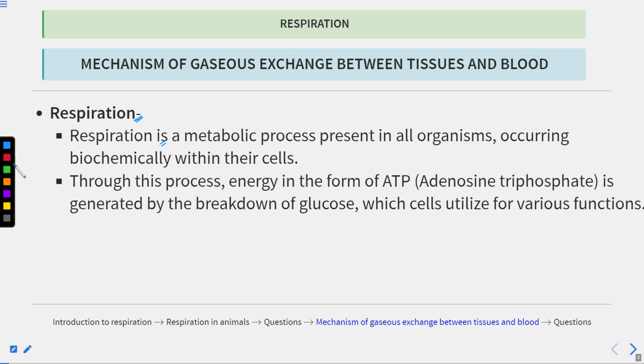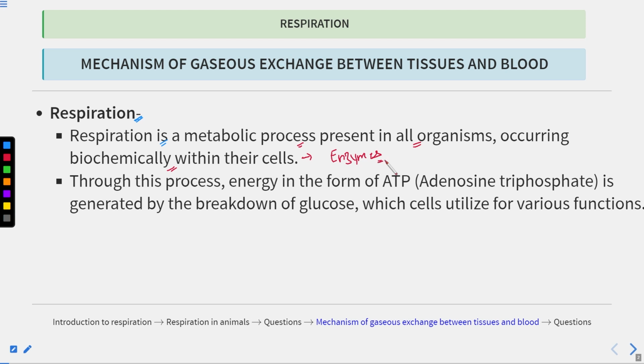What is respiration? Respiration is a metabolic process present in all living organisms, occurring biochemically within the cells. What does biochemical mean? Biochemically means it involves enzymes.